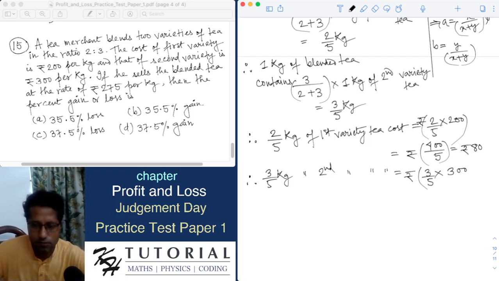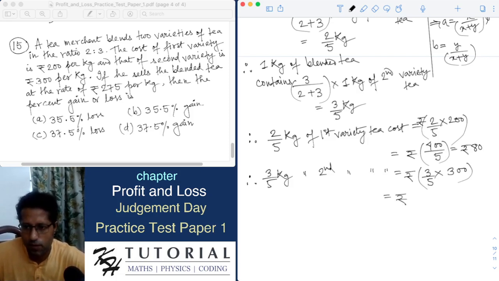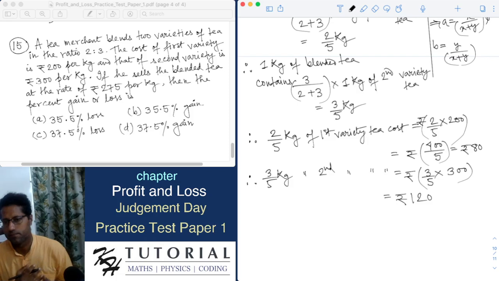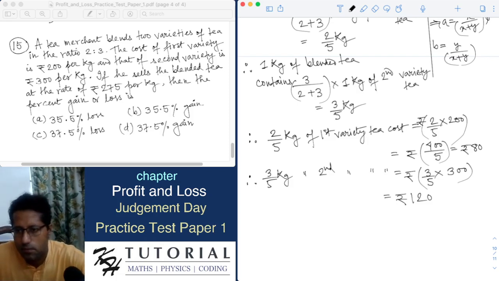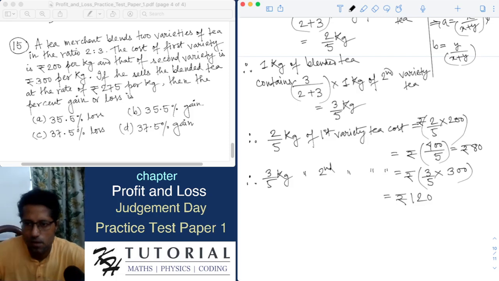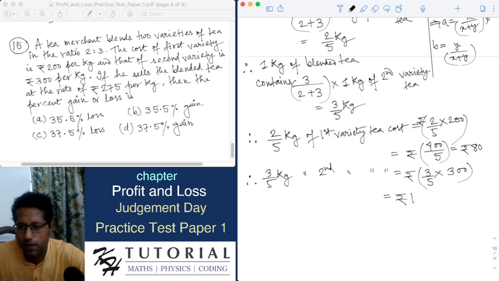This is rupees 120, sorry, 180. Wait a minute, this is 40, 80. Okay, and this is rupees 180.